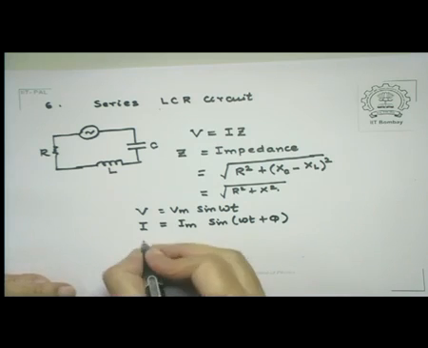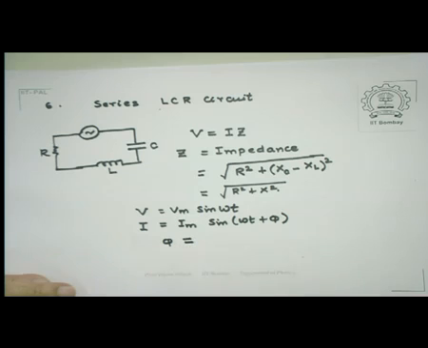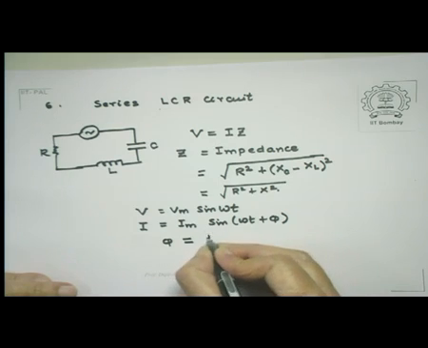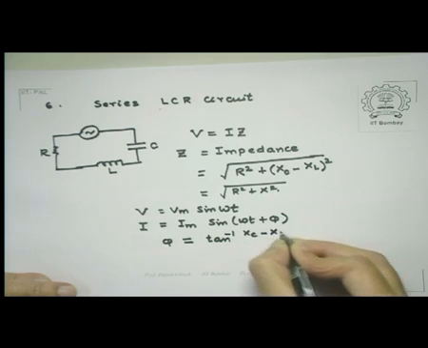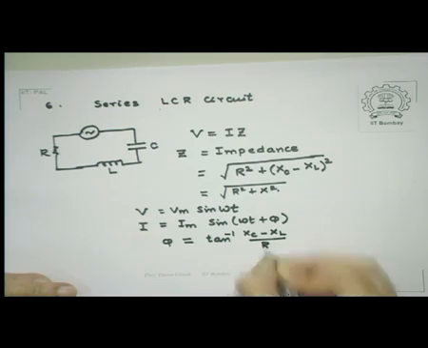This phi may actually be positive or negative depending upon whether the circuit is more capacitive than inductive or vice versa, and phi is given by tan inverse of (XC minus XL) divided by R, showing thereby that phi is positive if XC is greater than XL and is negative if XC is less than XL. So if XC is greater than XL, the current leads the voltage and vice versa, of course.